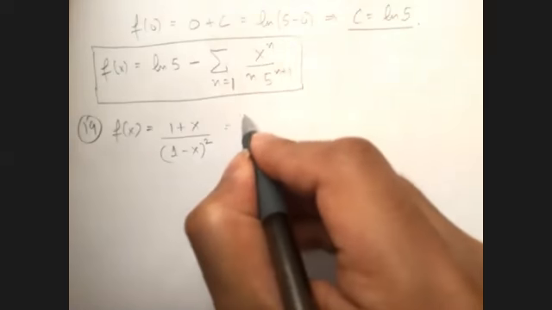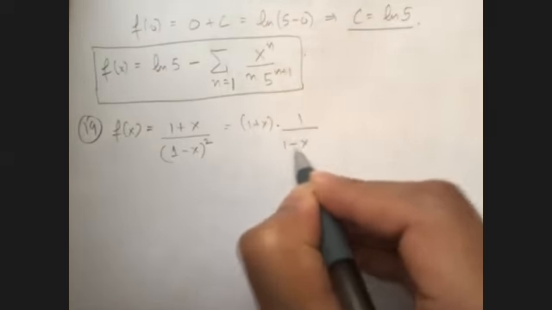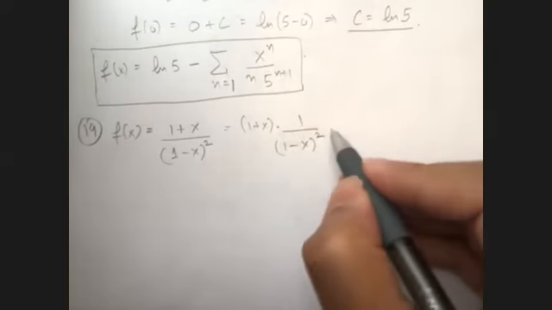So observe, this is 1 plus x times 1 over 1 minus x squared. Let's first focus on this part.